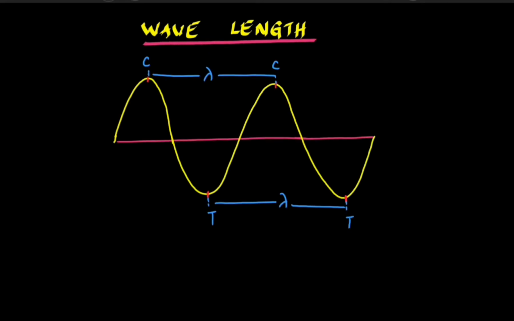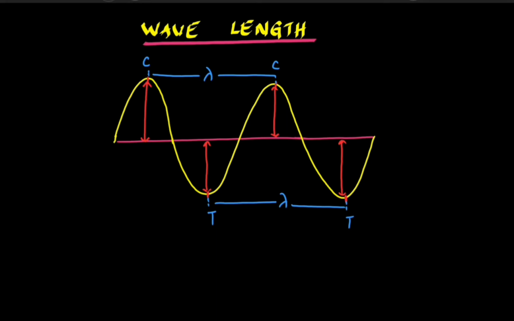Wavelength is considered as the distance between two similar consecutive points. So for the wave that I have chosen, these points can be called crests, these points can be called troughs, and the distance between these crests or the troughs is considered as wavelength.